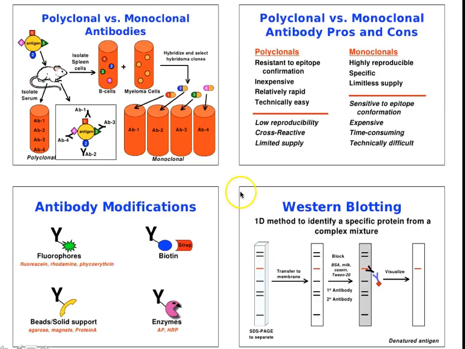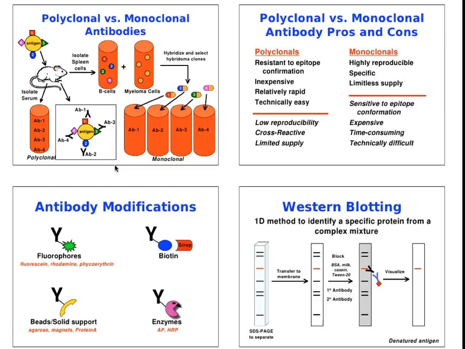Number one, you can see here on the polyclonal we have AB1, AB2, AB3, and AB4. These are four slightly different sites on the same antigen. What that means is that this mouse, just from seeing the non-self antigen, produced four slightly different antibodies all on its own.